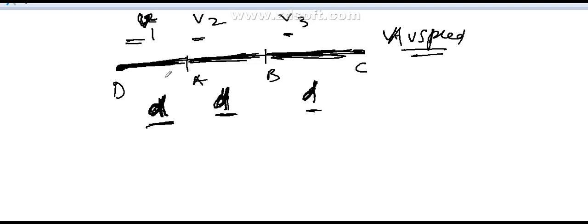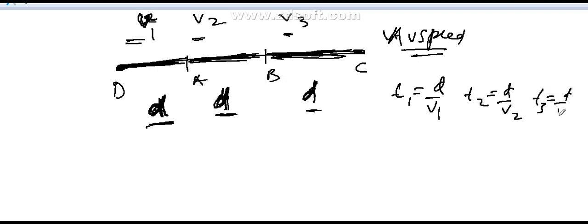See, this part, T1, is D by V1, correct? This part is T2, D by V2. T3 is D by V3. Now, total distance is 3D, correct? Divided by T1 plus T2 plus T3, this is the answer.